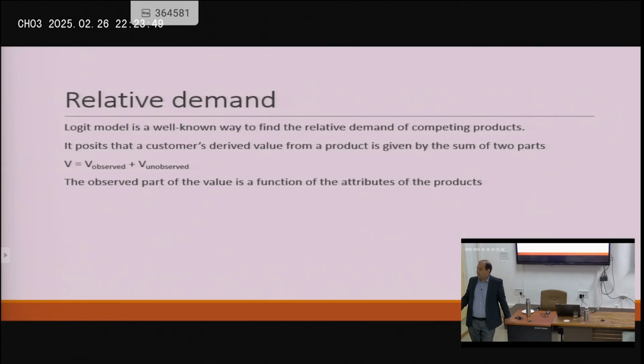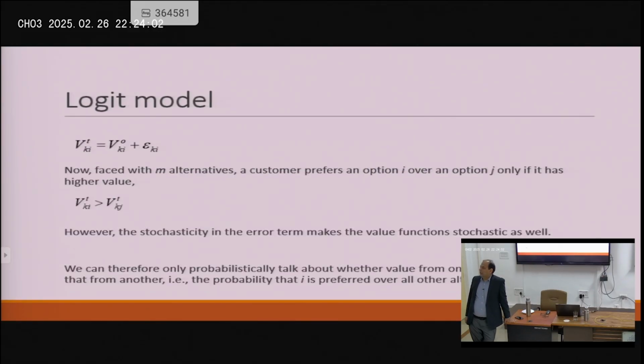The observed part is a function of the attributes of the products. The unobserved part is assumed to follow a distribution. Okay, a probability distribution. So here you go. Now faced with N alternatives, so we're trying to talk about relative demand.